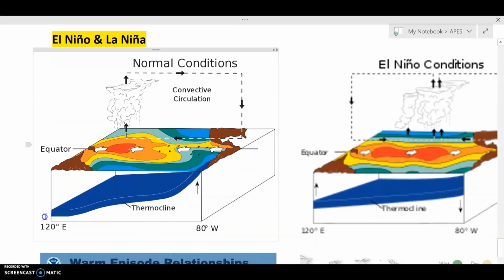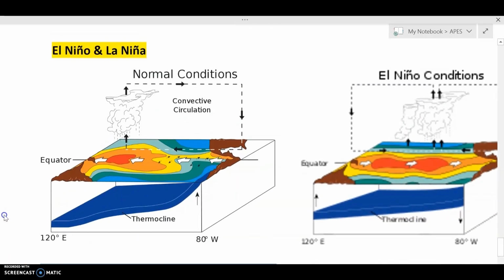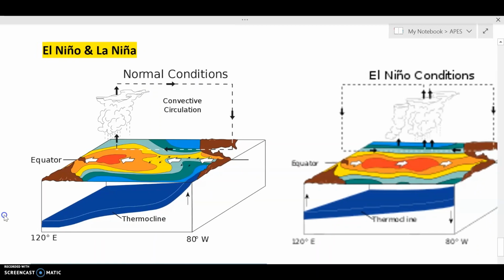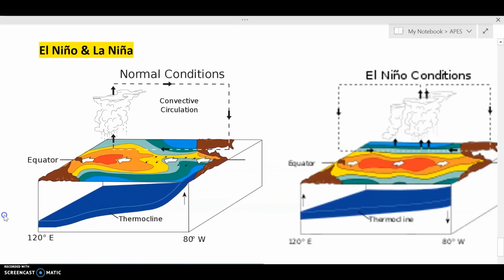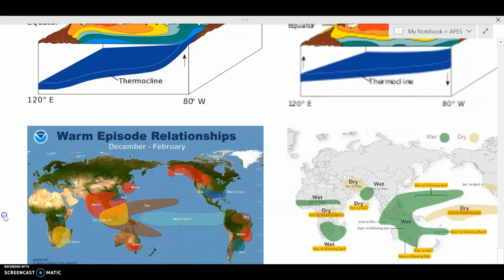Okay, so finally we have El Nino and La Nina. These are pretty much phenomena that happen every 3 to 7 years in the Pacific Ocean, more specifically this region of the Pacific Ocean.